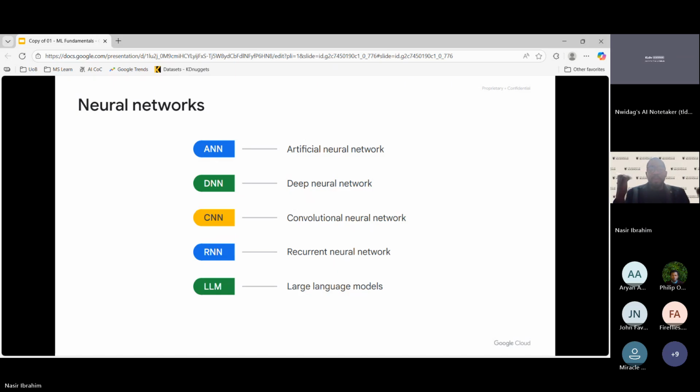And we're going to lift the hood slightly to understand how the neural network works, okay? And so we're going to focus on artificial neural network to understand the fundamentals. But the concept is applied to other types of deep learning, and basically it's a more expanded version of the artificial neural network.